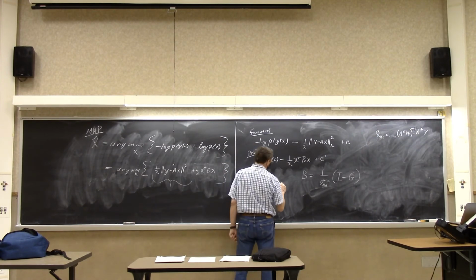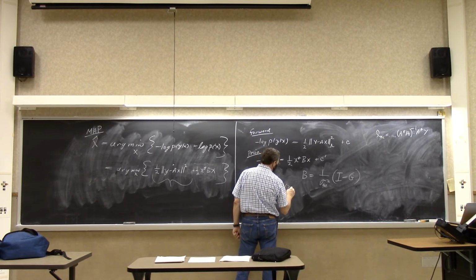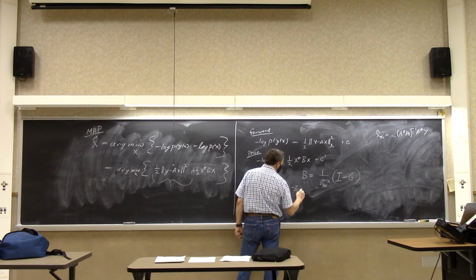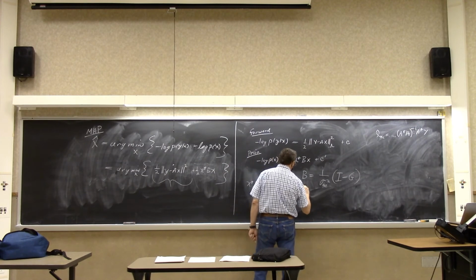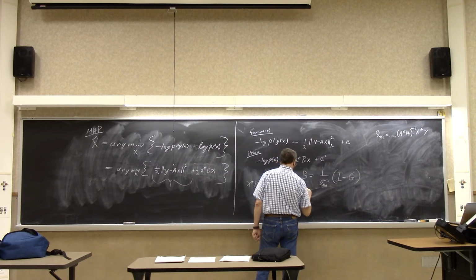You're taking XS minus the sum over R, neighbor of S, of B, actually this is GSR, I guess I would make it S minus R, times XR, like that.